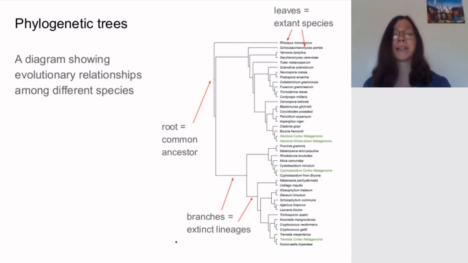Then you have branches. The branches are edges that represent extinct lineages, so all of the species that were present in previous times. And the root is a common ancestor of these extant species we are working with.